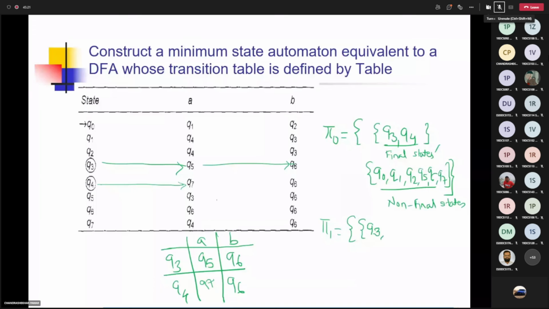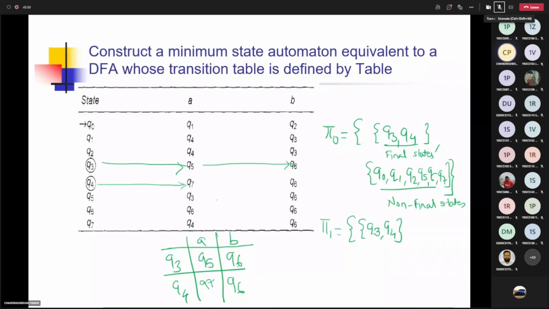Q3, Q4, 6, 5, 7. So just check out this answer. So Q3 and Q4 are equivalent, no issue.